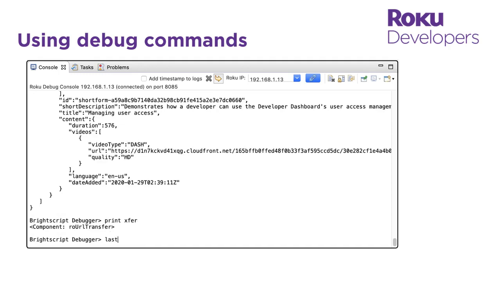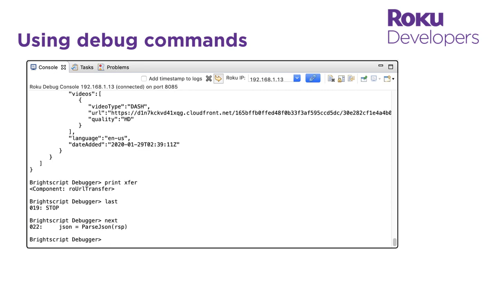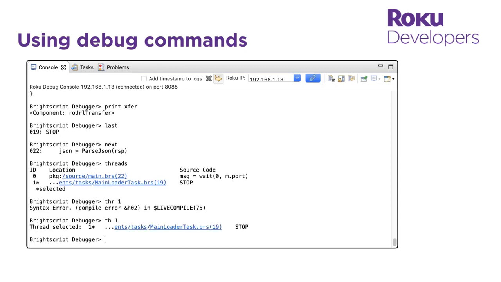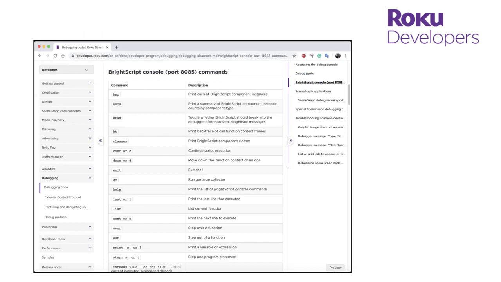I can enter last to see which line was last executed, and next to see the next one. And we can enter threads to list all the suspended threads, or thread to pick a specific thread to debug. If you need a list of commands, you can enter help, or you can check out the debugging code documentation.